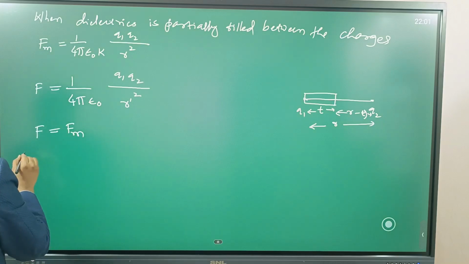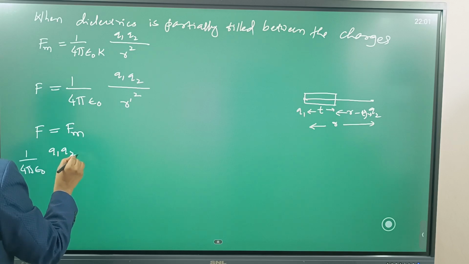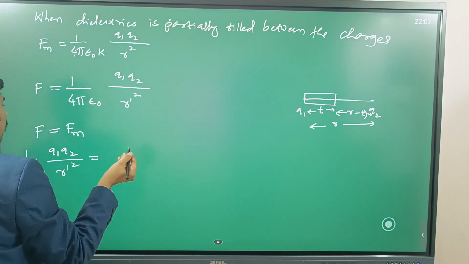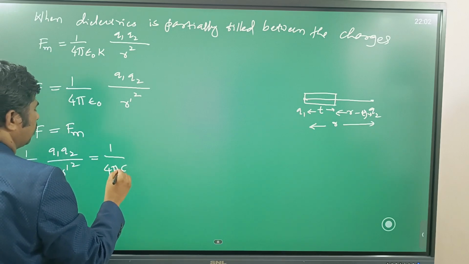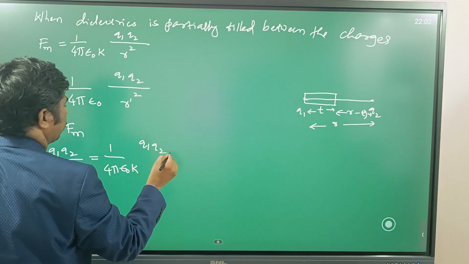So F is 1 divided by 4 pi epsilon naught. No need to remember this derivation, I am just showing you how the formula comes. If you remember the formula, that's enough. So 1 divided by 4 pi epsilon naught K, then Q1 Q2 divided by R square.